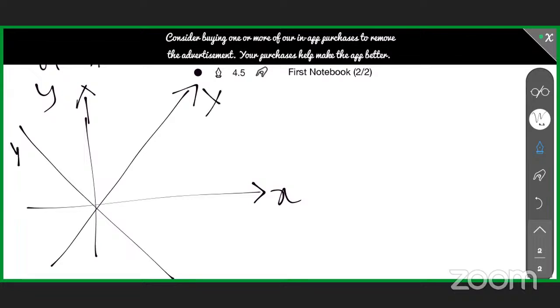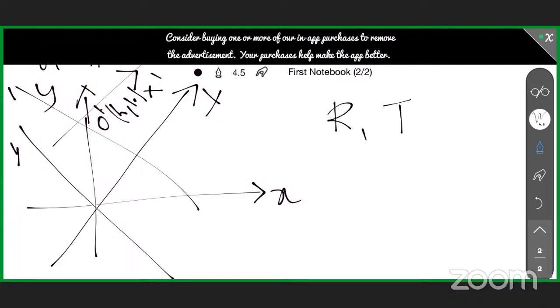Now the origin is shifted to some new place. This will be my x dash axis, this will be my y dash axis, and my origin is shifted to O dash, h comma k. So like this, the transformation is first doing rotation, then translation. Did you understand?